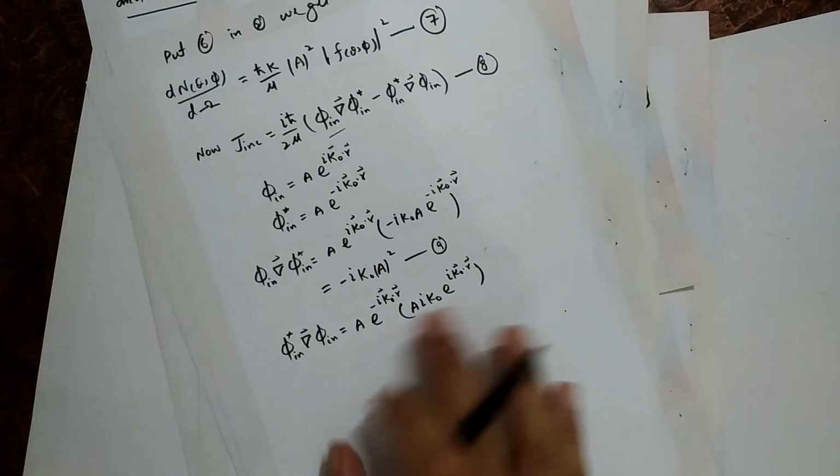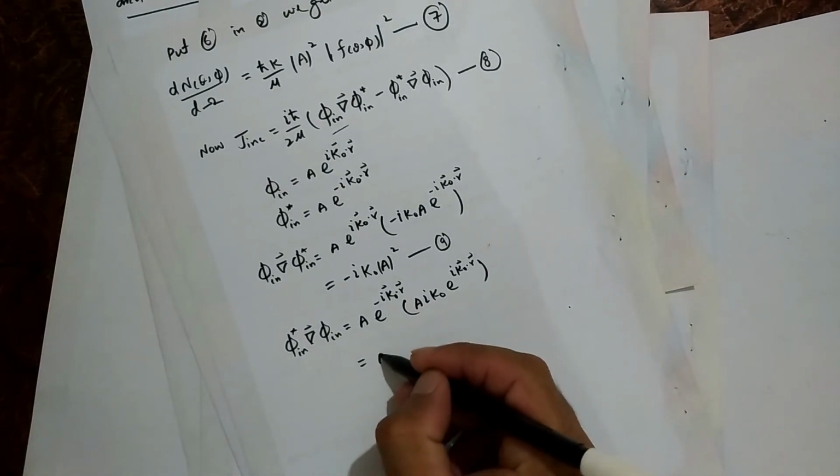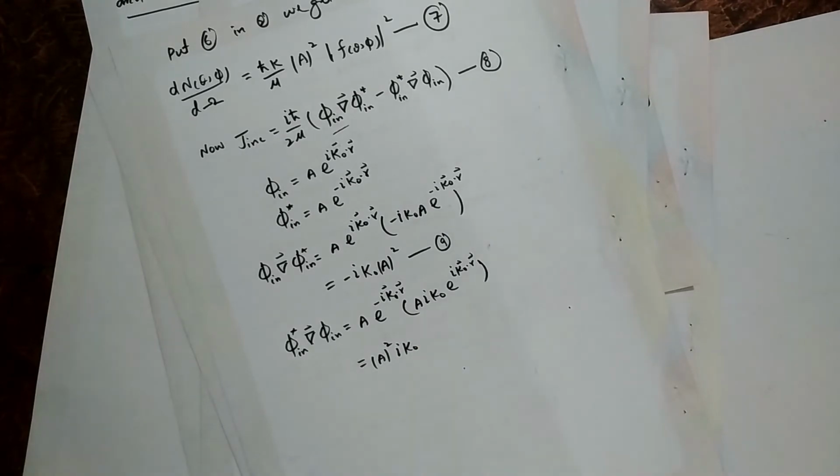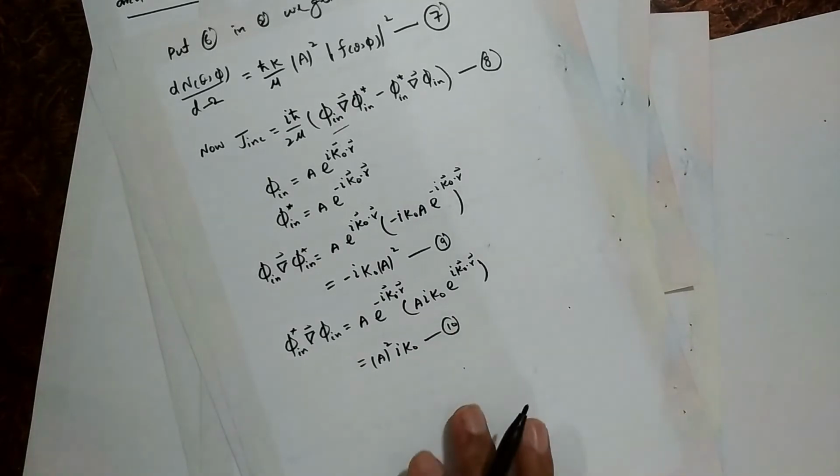Clear? Now multiplying these two terms, we will get mod a square i k naught. This is equation number 10.